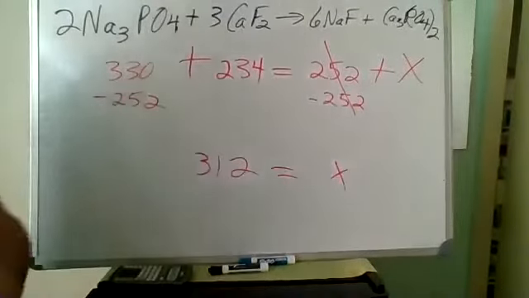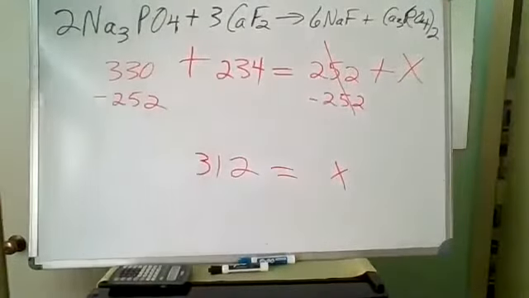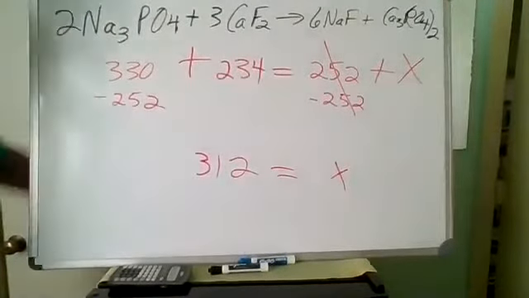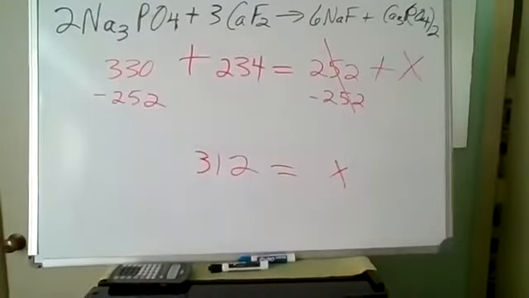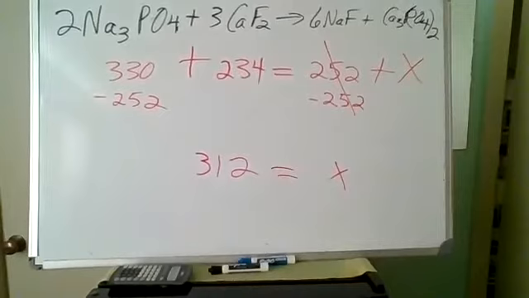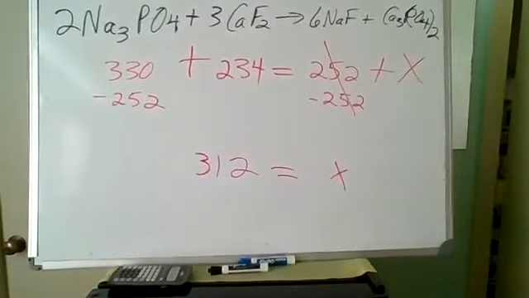Now, another question you're going to be asked on this assignment. What's written in black there? Is that a physical change or a chemical change? Chemical. How do you know? Because it forms a new solid. Yes.